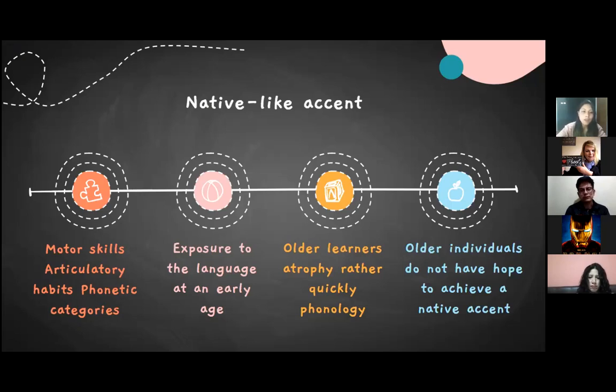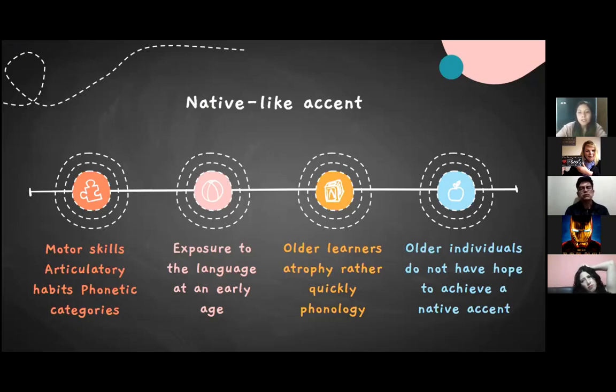According to native-like accent, it involves motor skills and articulatory habits and the perception of phonetic categories. In different studies, individuals do not achieve a native-like accent in a second language unless they are exposed to it at an early age.